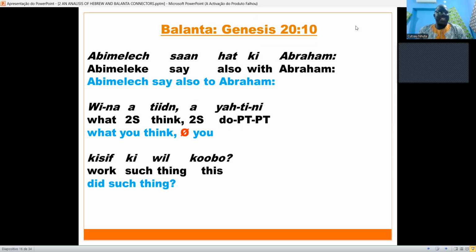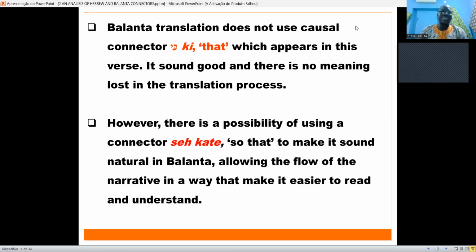In Balanta, it is read, Abimelech san hat kwa Abraham. Wina hatid ayat negatif kongwel ko. Abimelech said also to Abraham, what you think you did such a thing? The Balanta translation does not use the causal connector ki, which appears in this verse. It sounds good and there is no meaning lost in the translation process.